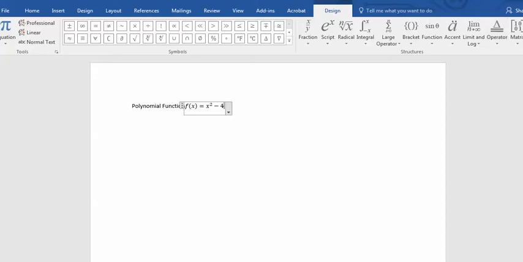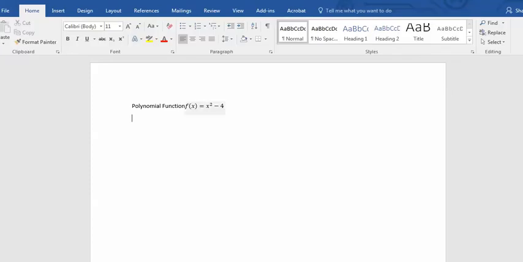You just use your keys, mine's shift 6 to get the exponent, like that little upside down V thing. If it doesn't look like it's going, just hit space or keep typing and it'll work. Sometimes it gets moved to the middle of my page, so I just put it back to the left there.